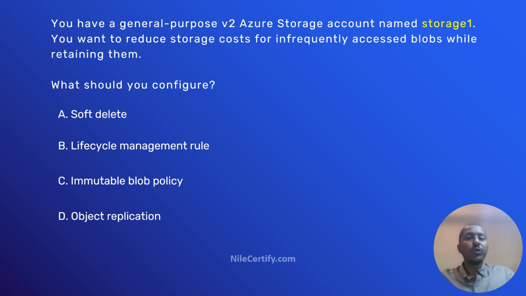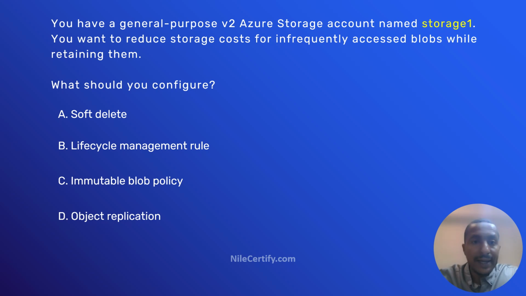Option C, immutable blob policy. Immutable storage locks data for compliance purposes, so you cannot change or delete the blobs for the retention period you set. This is great for regulatory requirements like financial or healthcare data, but it has nothing to do with reducing cost. Option D, object replication.